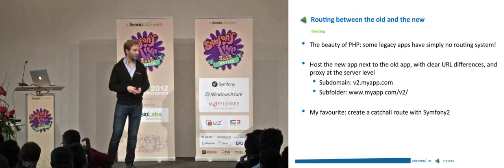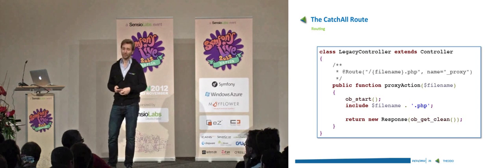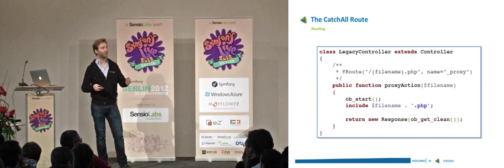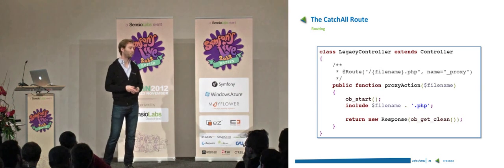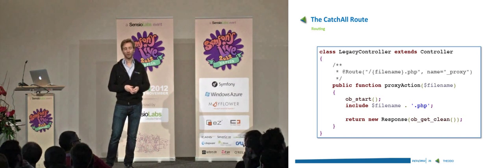So my favorite is to handle it with Symfony2. This is a pedagogical example with a catch-all route that matches any filename.php route, and it goes to some Symfony2 action that simply starts output buffering, includes the file name, and returns the response.